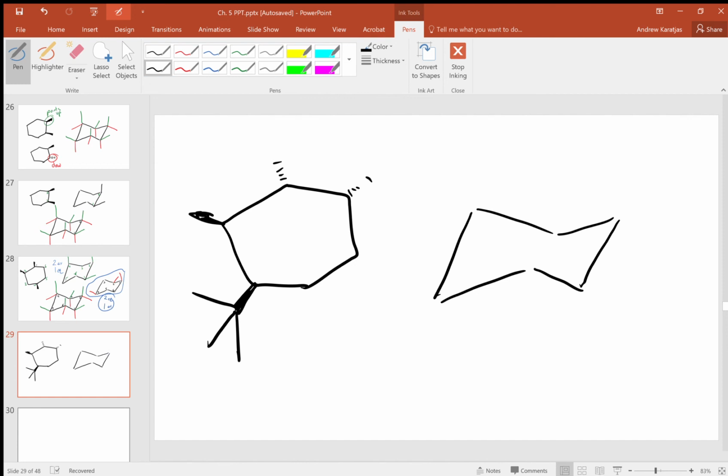So again, what we want to remember is that a group that's large, like that tert-butyl group, always is going to be equatorial. It's also, we notice, pointing up. So I'm going to choose an equatorial position that points up.